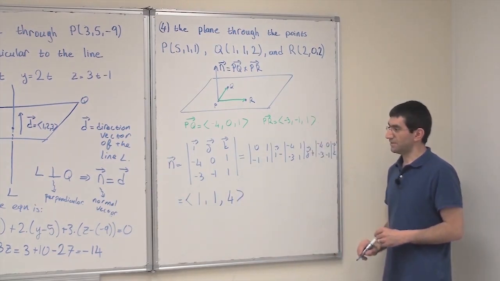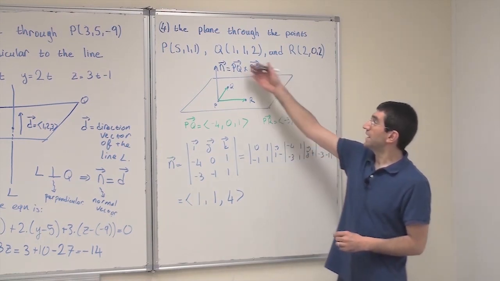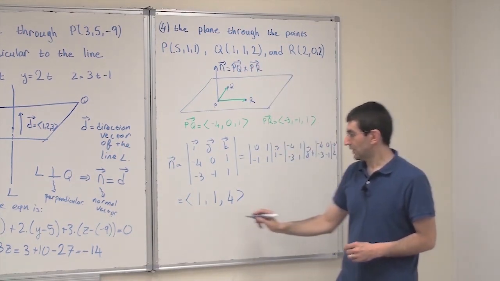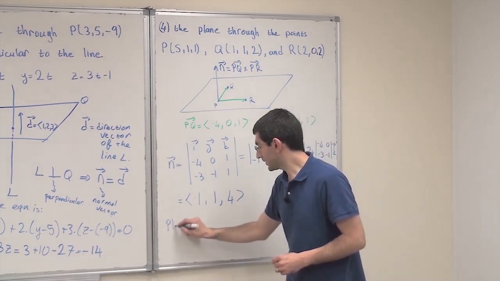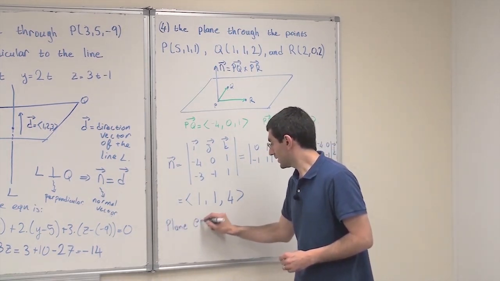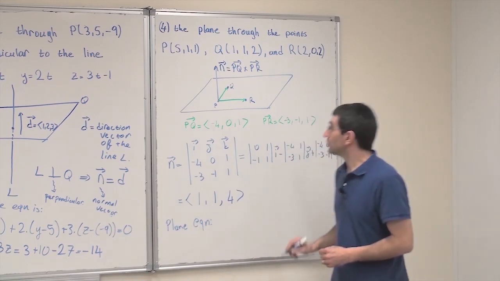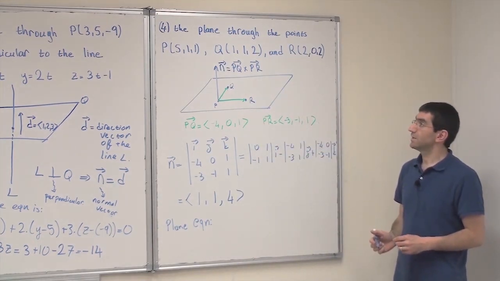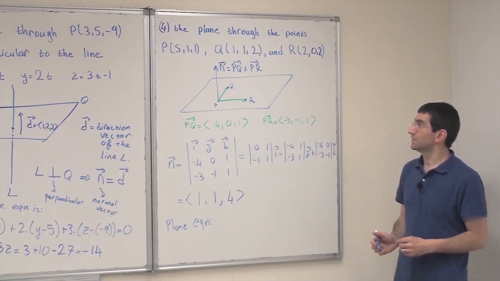So we have our normal vector. We have been given 3 points. Now, to find the plane equation, you can choose any of these 3 points. It really doesn't matter which one you work with.